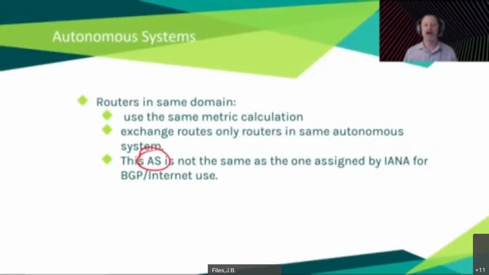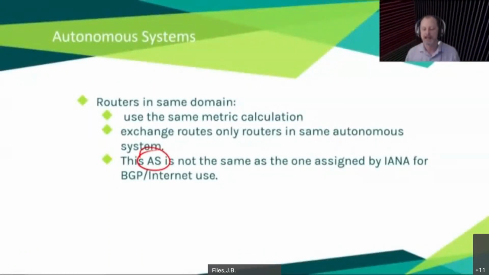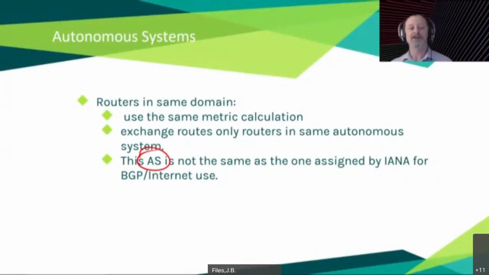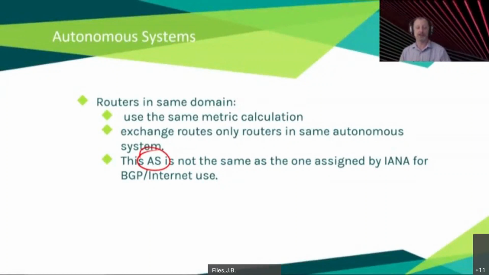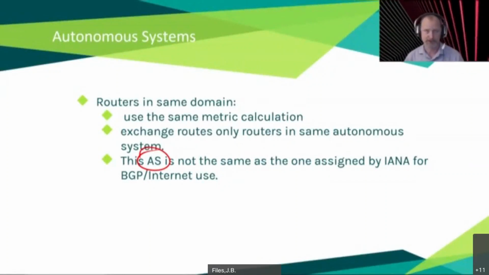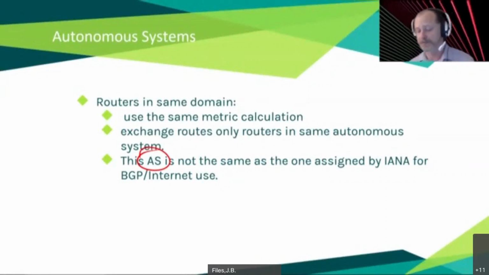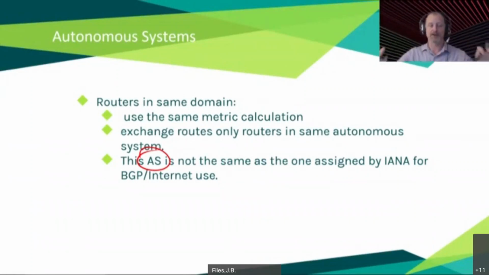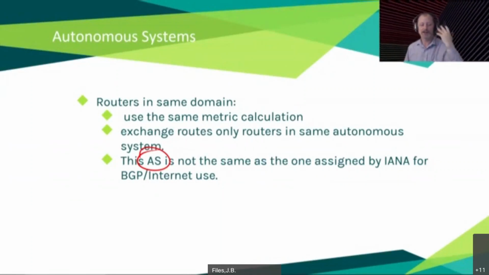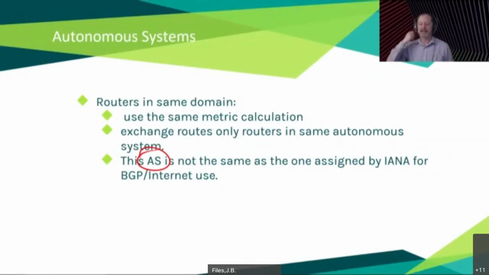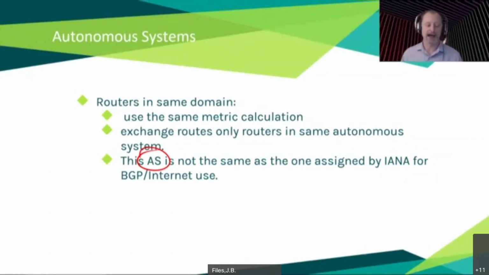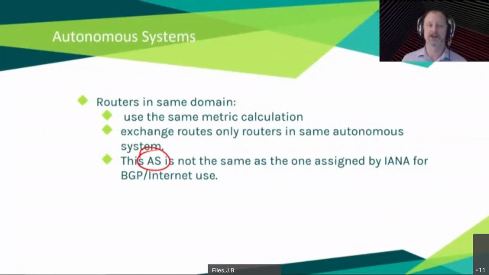This is not the same thing as the autonomous system number that IANA assigns to companies for BGP and internet use. So don't confuse those two autonomous system terms. So we have autonomous system, meaning a group of routers that we control, and an autonomous system that means this is your autonomous system number for your BGP instance to communicate on the internet.